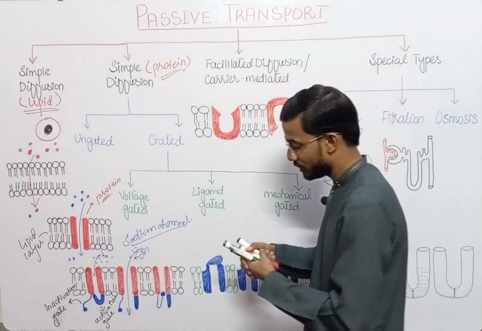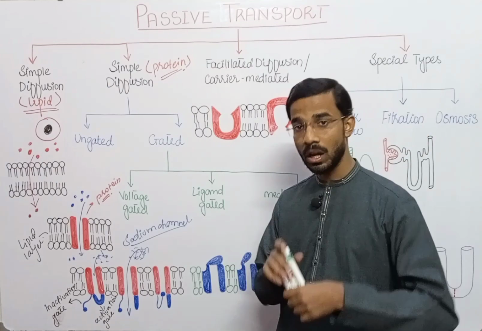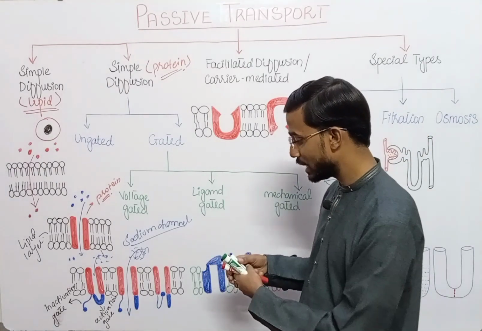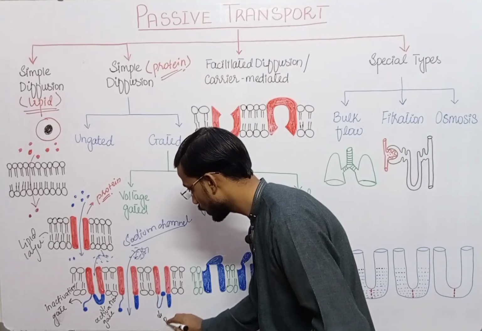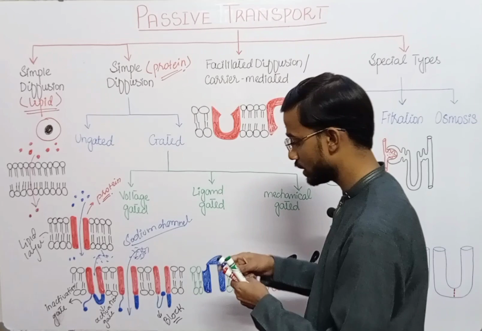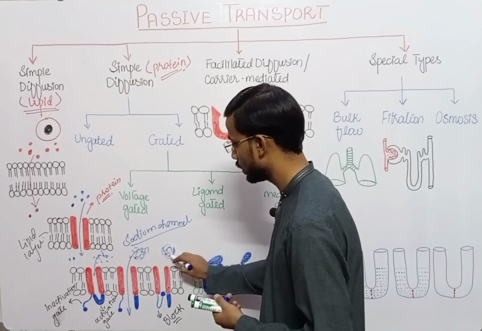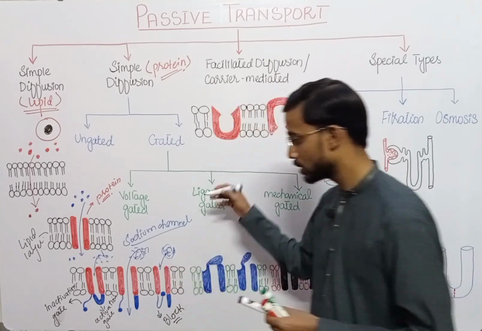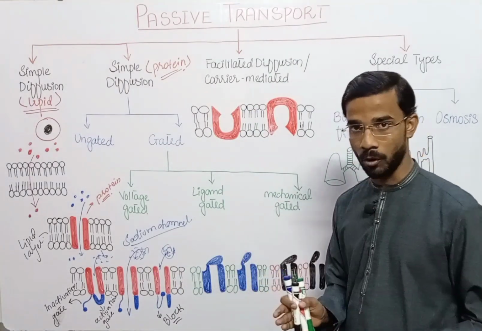But if the inactivation gate covers the channel, then it will permanently block, and the molecules which are present outside the gate will not pass into the cell. So these are basically the three forms.